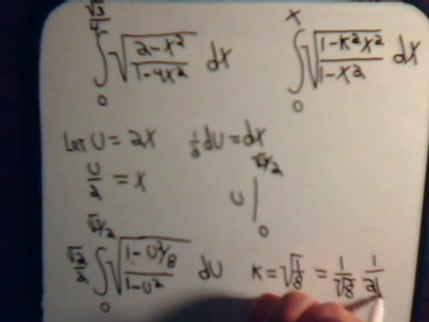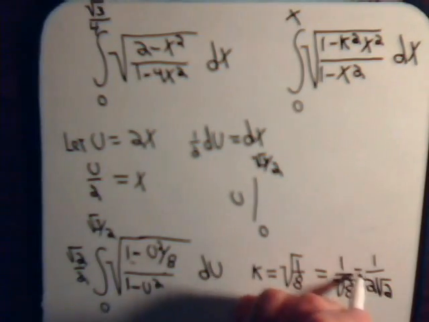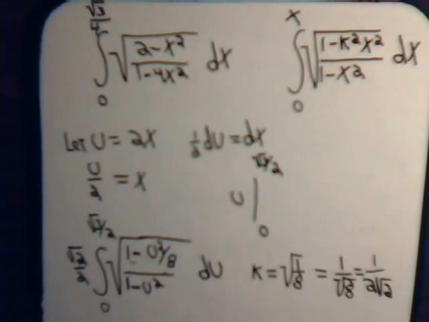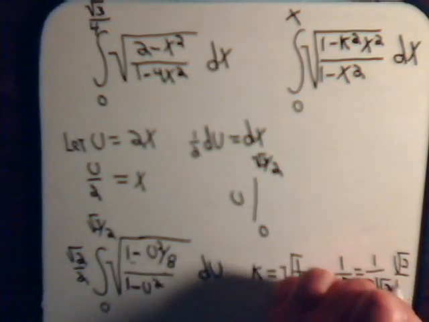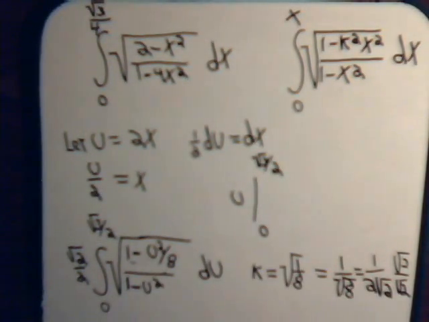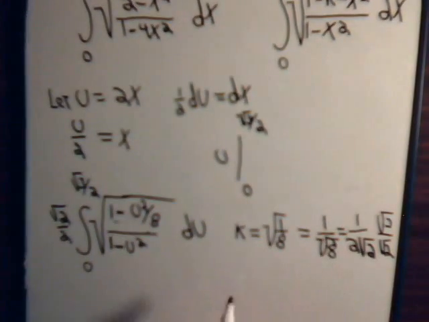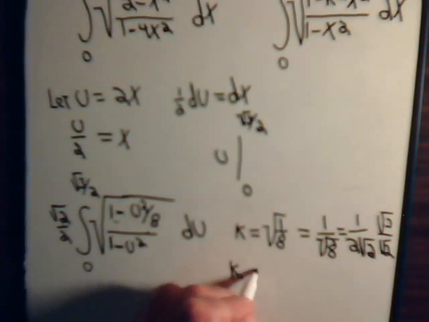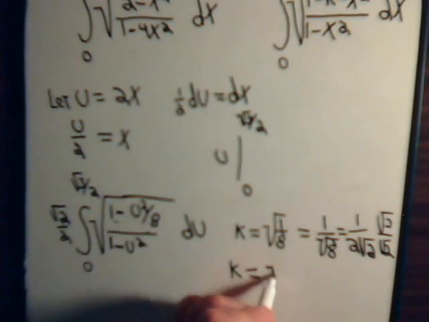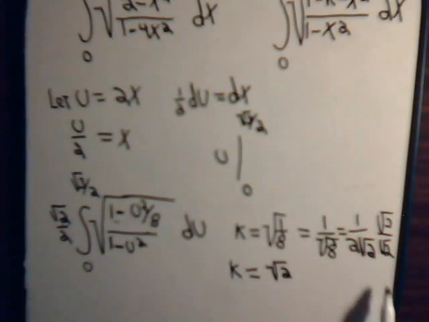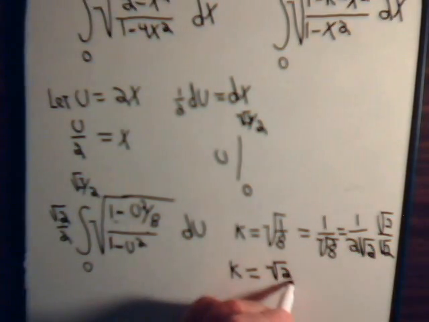So we have 2 times the square root of 2. If we want to, we can multiply top and bottom by this. So we have k equals 1 over the square root of 8, or we could say k equals the square root of 2 over 4, since square root of 2 times square root of 2, that's 2 times 2 is 4.